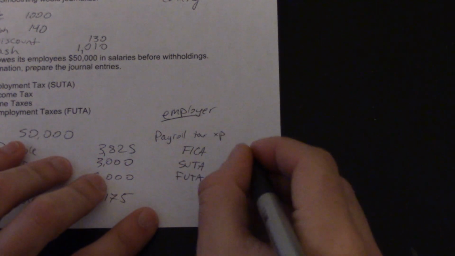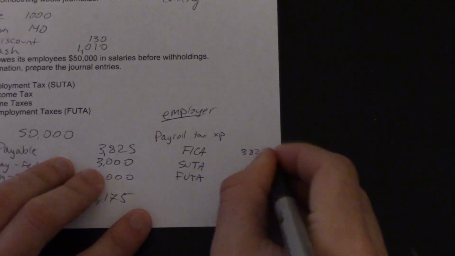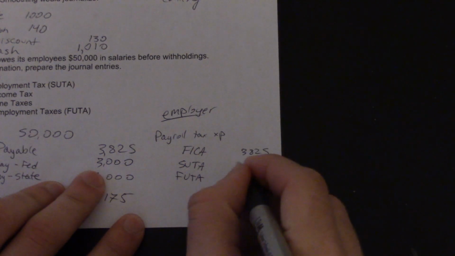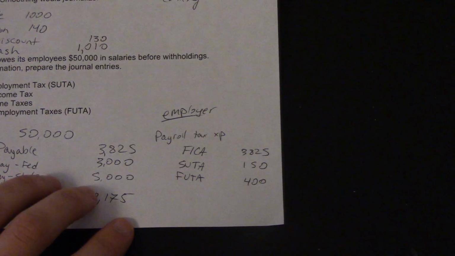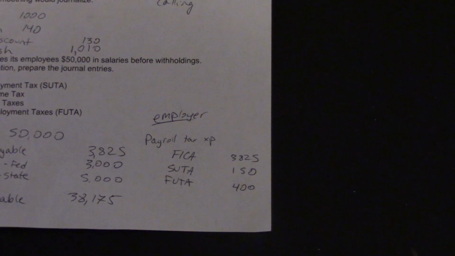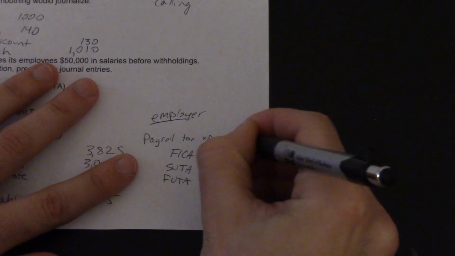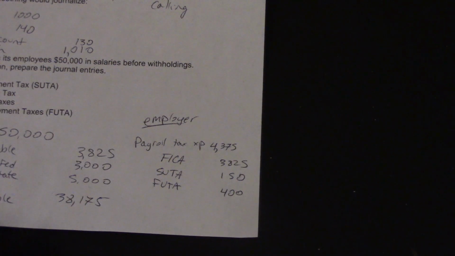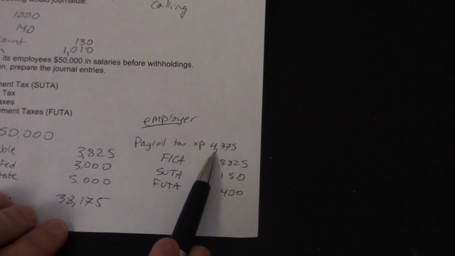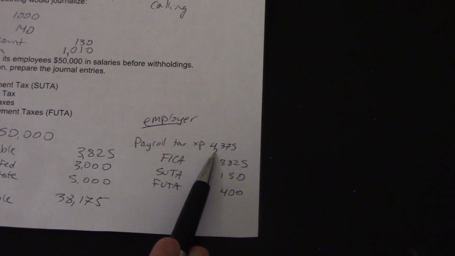So FICA is 3,825. State unemployment is 150, and federal unemployment is 400. So that adds up to 4,375. So we're debiting payroll tax expense for 4,375.